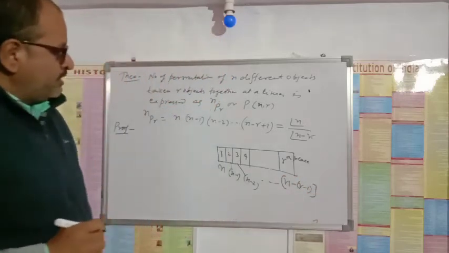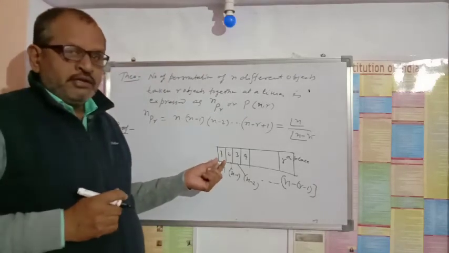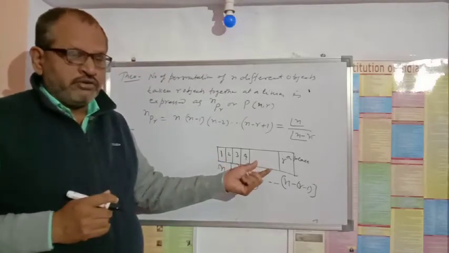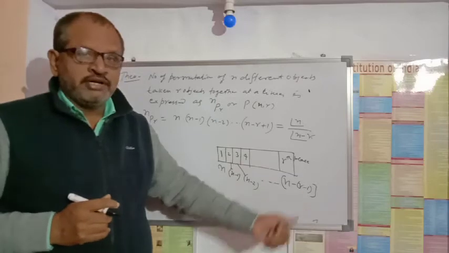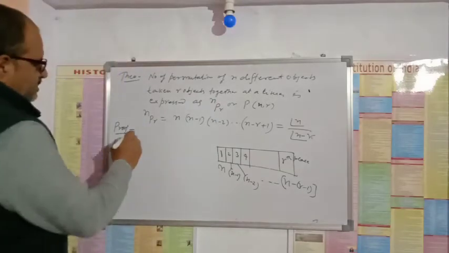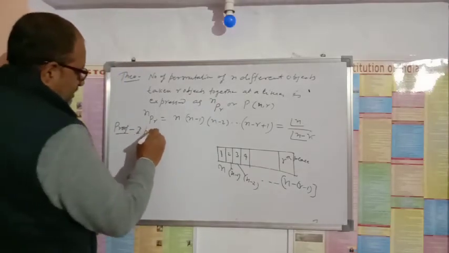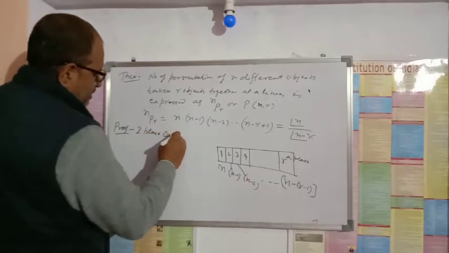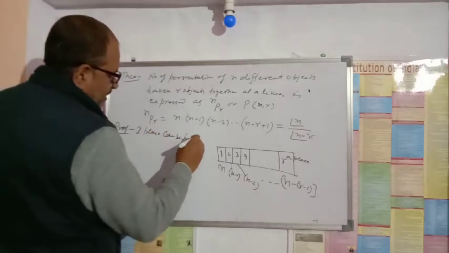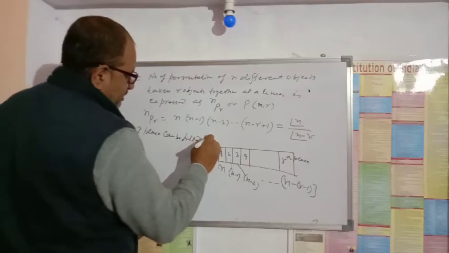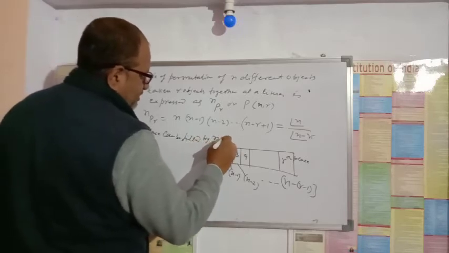Okay. So by the multiplication principle of counting, what will be the total number of ways? The first place can be filled in n ways.